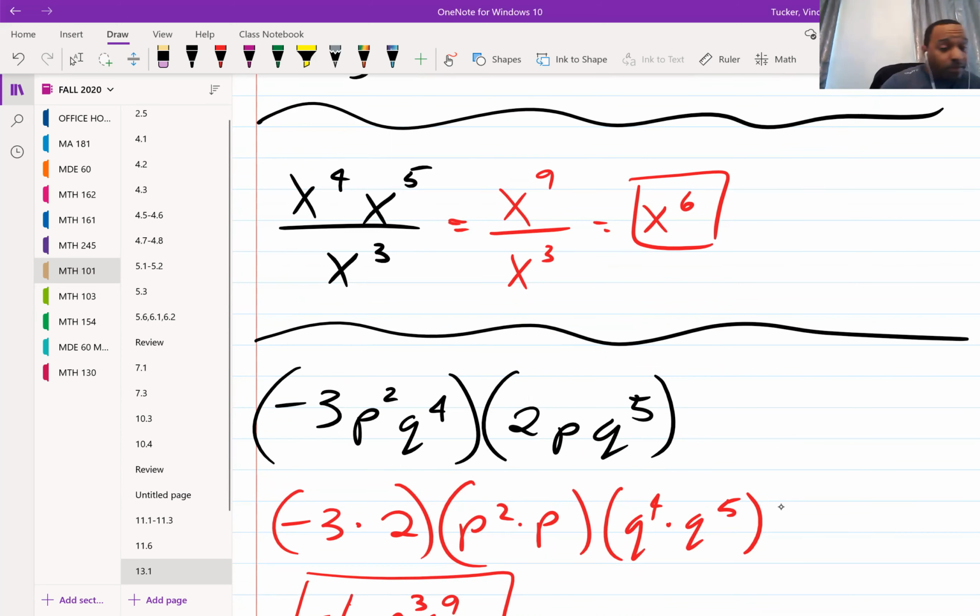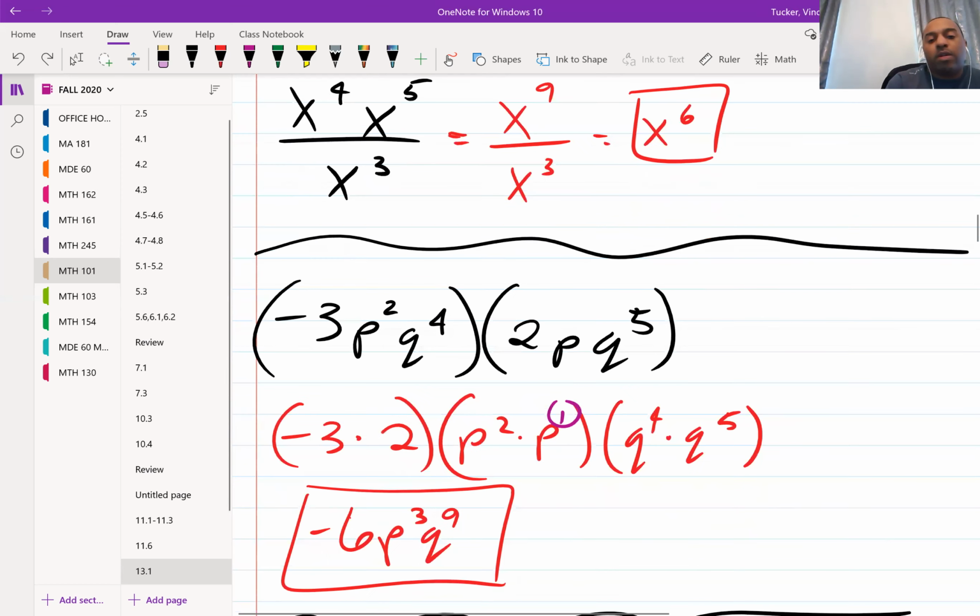Once again, we recognize if I just see p there, then that's p to the 1st power. So you multiply negative 3 times 2, which gives us negative 6. Add your exponents for p, which is p cubed, and then add your exponents for q, which is q to the 9th.